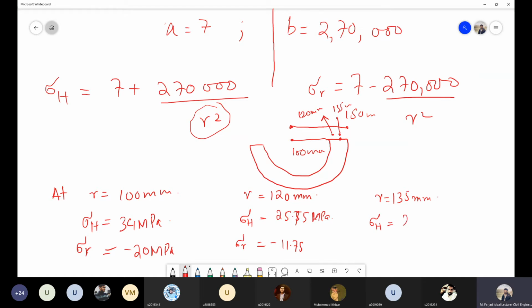The hoop stress will be 21.81. And what about radial stress? Minus 7.81. Minus 7.81. And let's calculate the fourth value at external diameter.